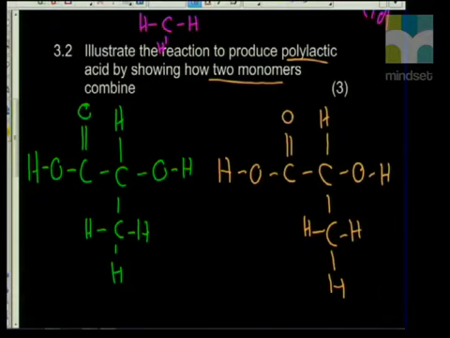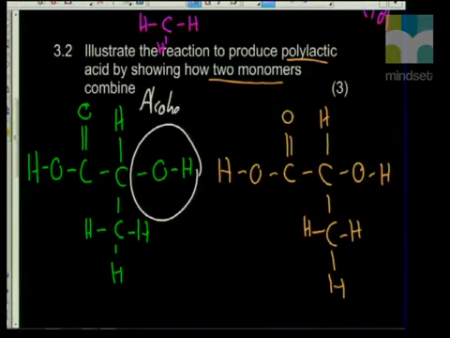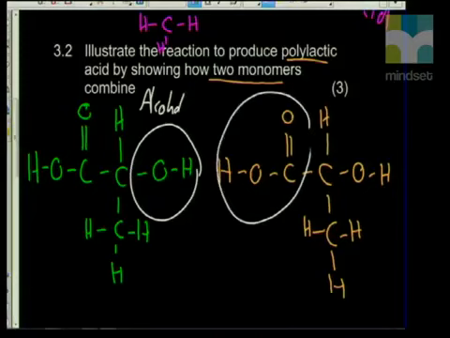Now, what is going to happen? I hope you can identify that this end is an alcohol, while this end, this functional group, is a carboxylic acid. When those two come together, the alcohol and the carboxylic acid, that's forming an ester bond. So we're illustrating how that happens.